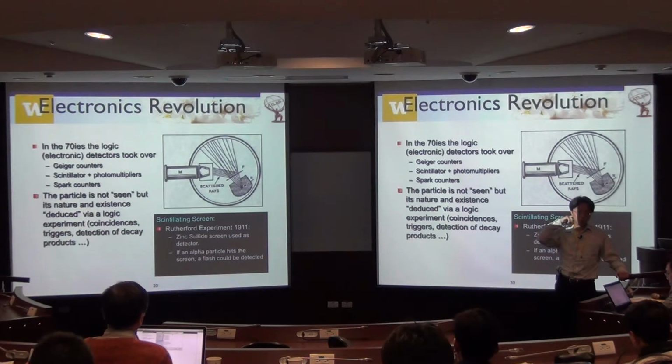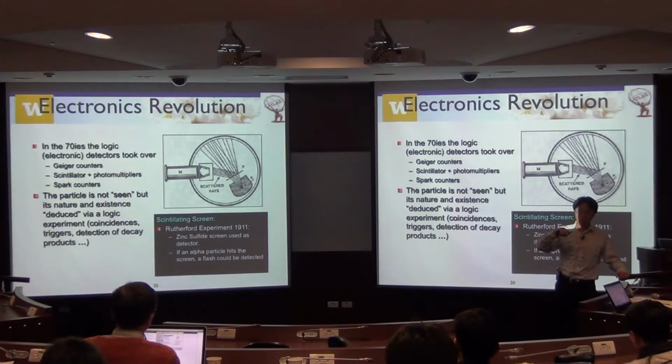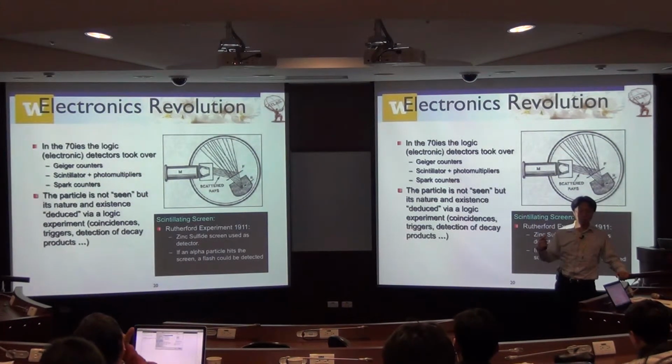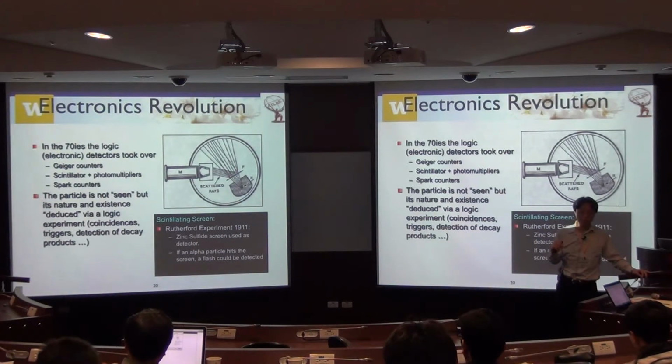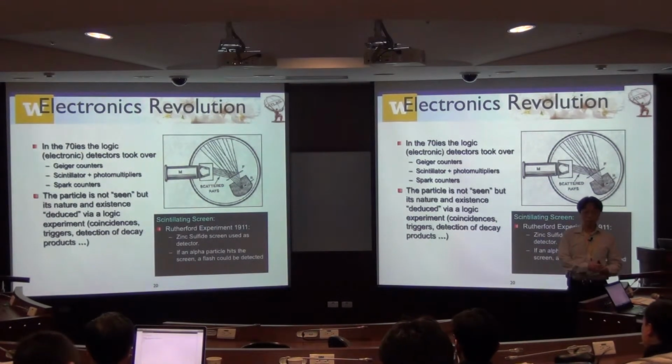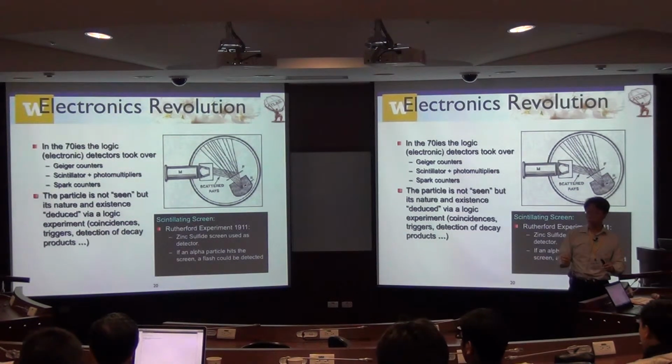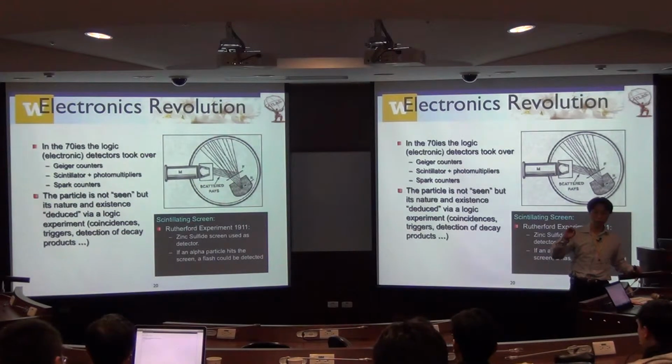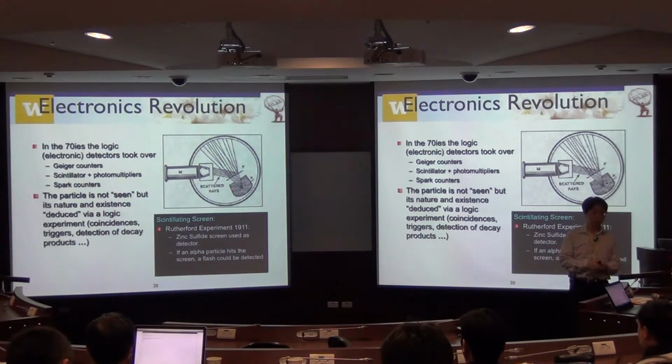Now you can use electronic devices to digitize your data, and then use digital processing to process this large amount of data. This is the key invention that allowed you to bring particle production and detection rates to a very high speed.